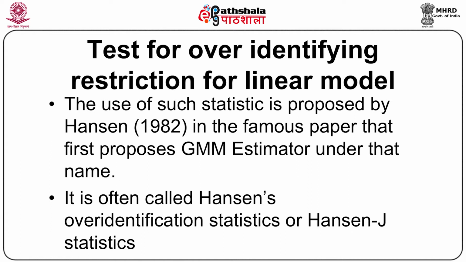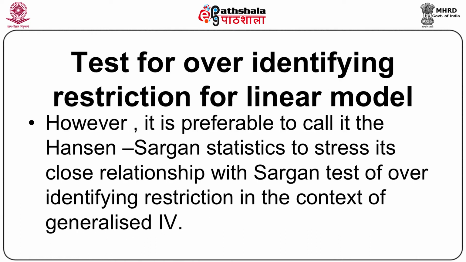So it is often called Hansen's over-identification statistic or the Hansen J statistic, but it is preferable to call it the Hansen-Sargent statistic to stress its close relationship with the Sargent test of over-identifying restrictions in the context of generalized IV.